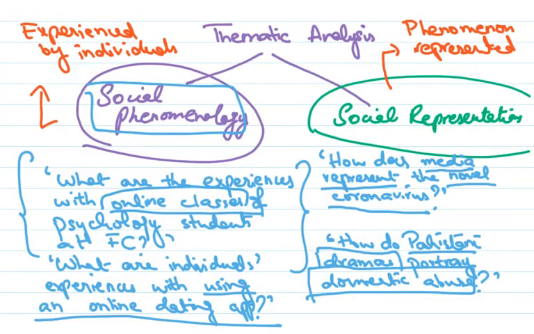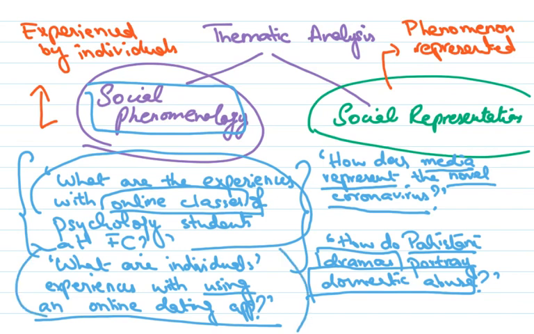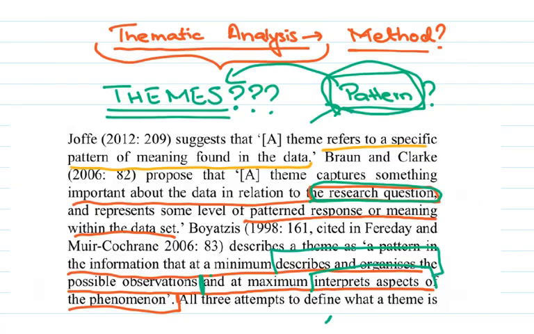So when we get answers to both of these, we will get at least a description of what psychology students' experiences with online classes are, or what individuals' experiences with using an online dating app are. Furthermore, this definition does not just talk about description, it also talks about interpretation, right?